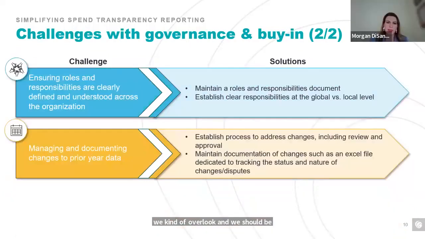Thanks, Sam. So another challenge is managing manual processes and also ensuring consistency year over year. Some ways to solution for that is to maintain a governance document such as the playbook.